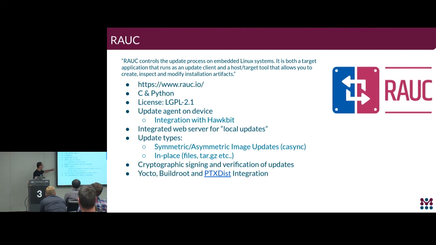Actually, this is wrong, I don't think they have this. With this you can also do symmetric and asymmetric image updates depending on how you configure the tool. They are also able to do delta updates, but they use CA-Sync, which is a different way of doing deltas. And they also do signing verification and so on.